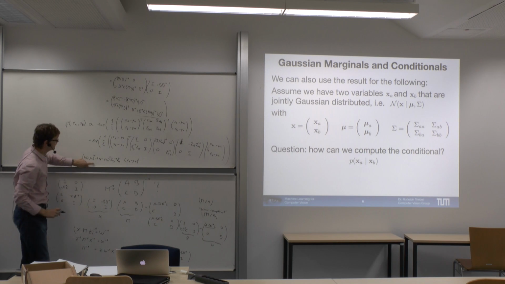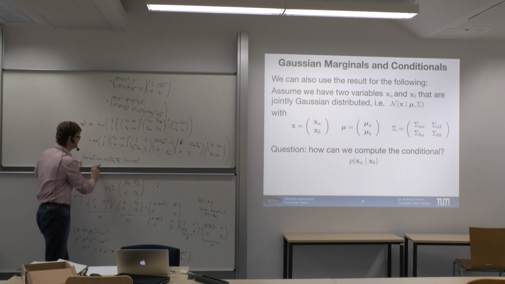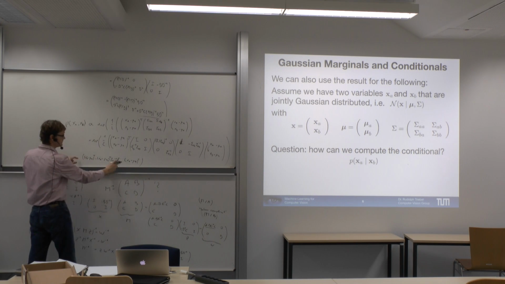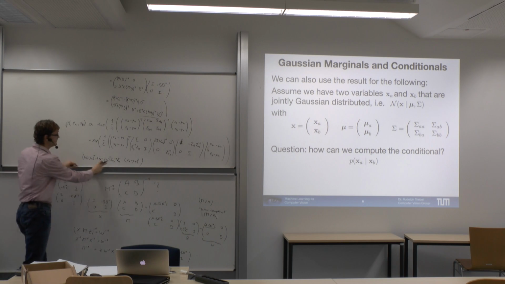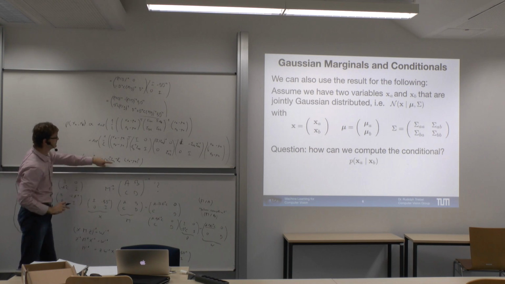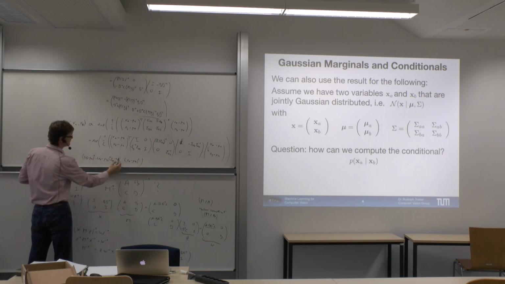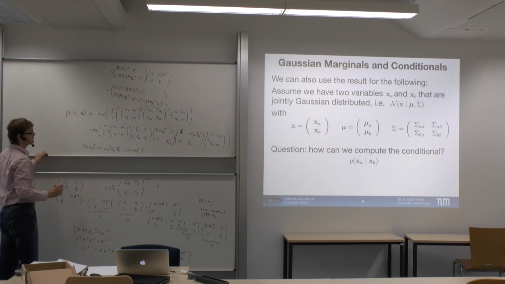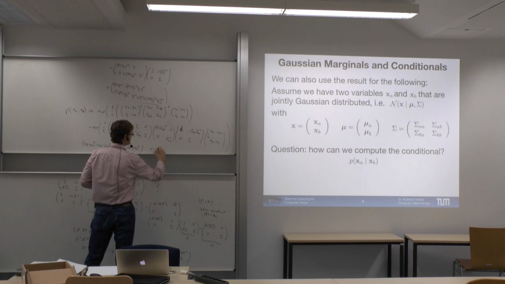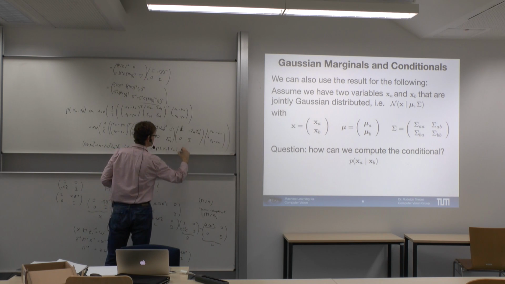The trick here is that, as I said, this is a row vector. We now multiply this with the right part of it, which gives us again an expression of x a and xb minus mu, with these matrices sigma bb times sigma ba. In the end, we'll have something that can be expressed as p of xa given xb times p of xb.